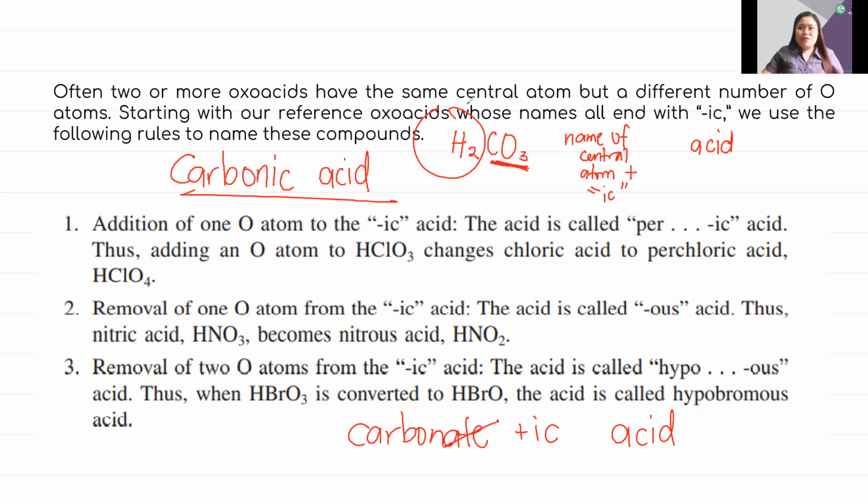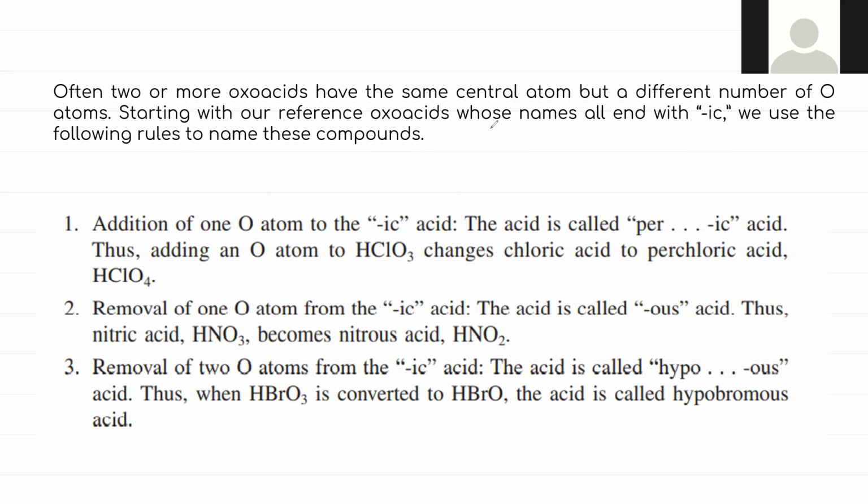Let me give you another example. H2SO4. How do we name this? Sulfuric acid, ma'am. Okay. So look at your polyatomic ion. What is the name of SO4? Look at the index card.